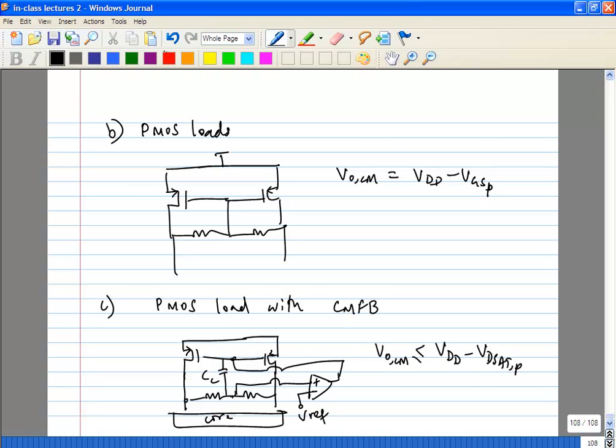Okay, so in these two cases, what do you have? You definitely have thermal noise of the PMOSes adding in, that's for sure, and you have flicker noise. Now thermal noise is definitely going to be important. How about flicker noise? Let's say we are looking at down conversion mixers.